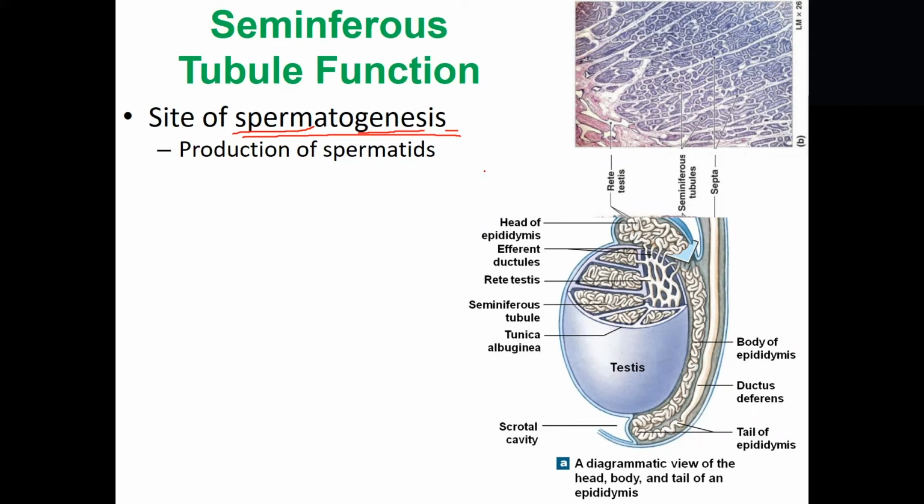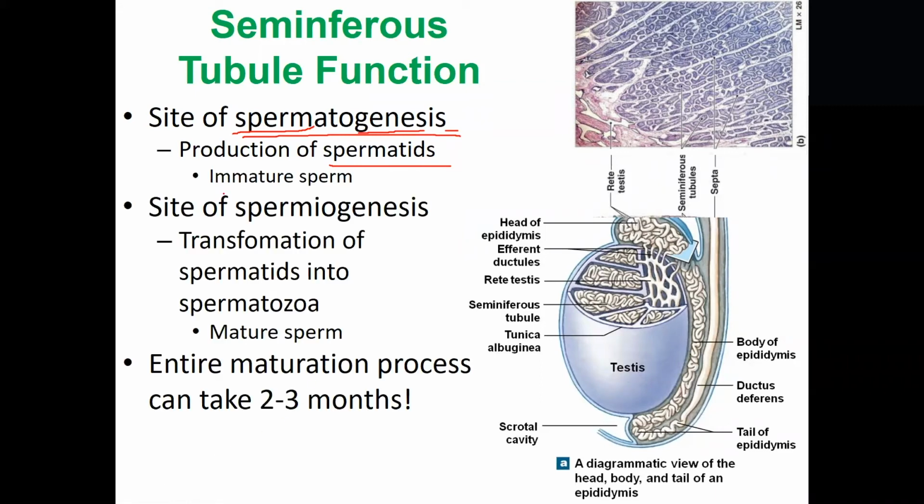What we make in this process of spermatogenesis is we basically go from a stem cell to something called a spermatid. And it turns out that's really only about half of the process. A spermatid is what we refer to as an immature sperm cell.